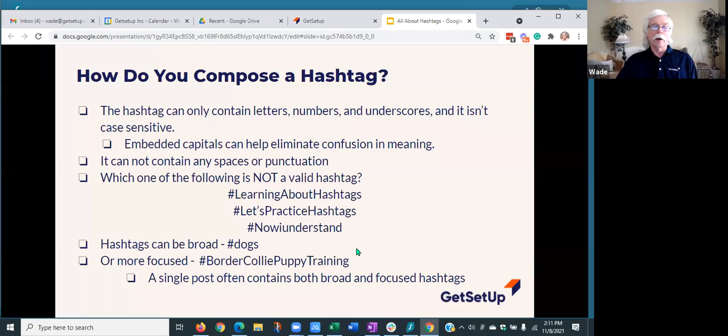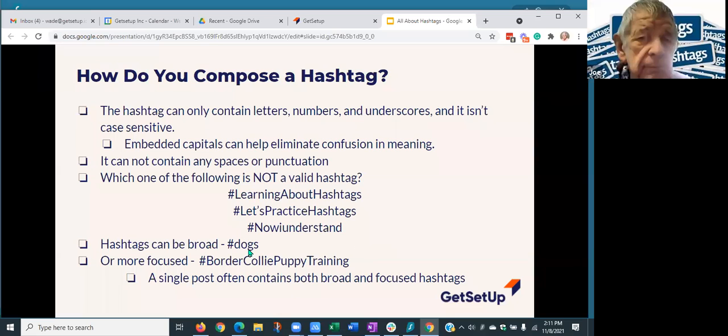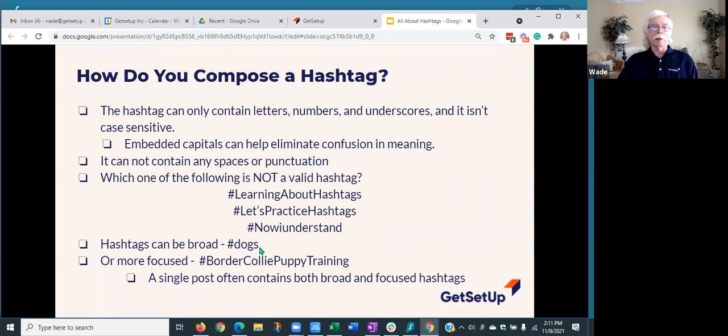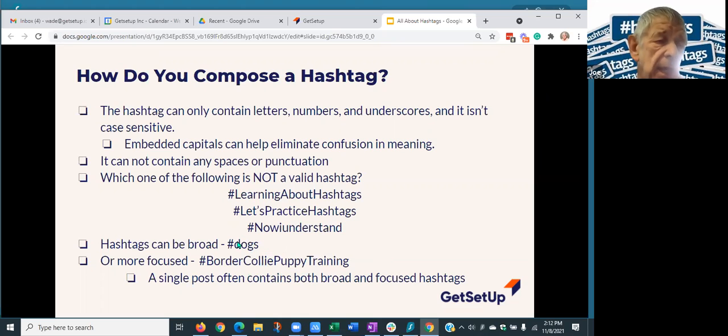Actually, hashtag dog is a valid hashtag, and hashtag dogs plural is also a valid hashtag. They are separate hashtags. So if you put dogs, it doesn't include dog as part of it. To the software, it doesn't realize that this is a plural or that they're related, like border collie and puppy. They are distinct hashtags.